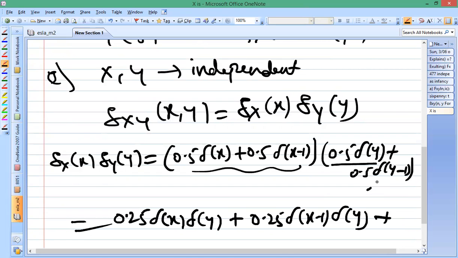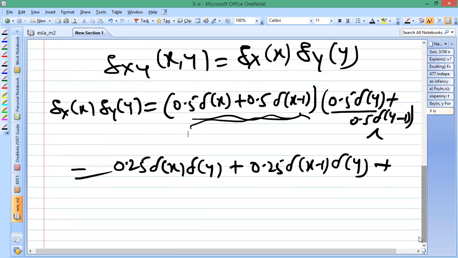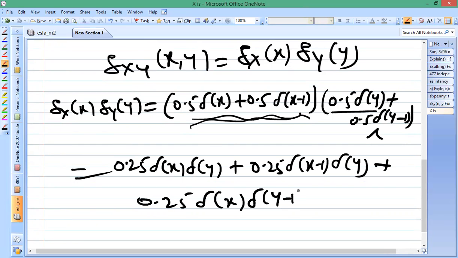Next, when you multiply 0.5 delta of y minus 1 with all this, it results in 0.25 delta of x into delta of y minus 1 plus 0.25 delta of x minus 1 into delta of y minus 1.